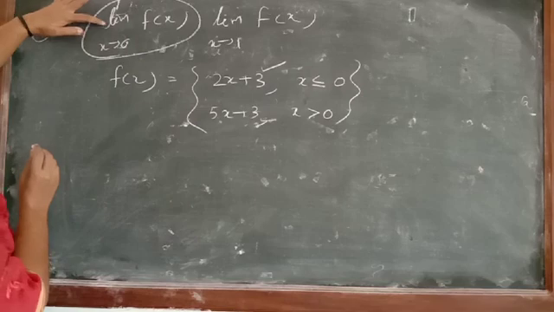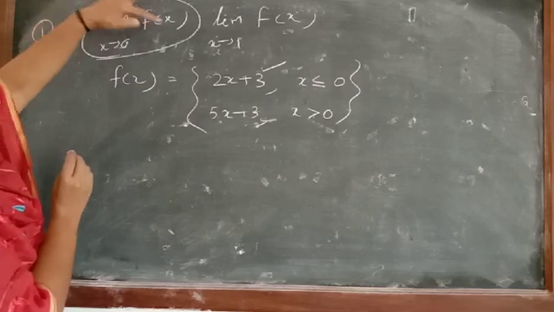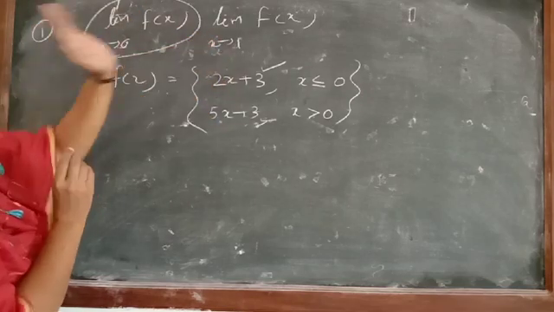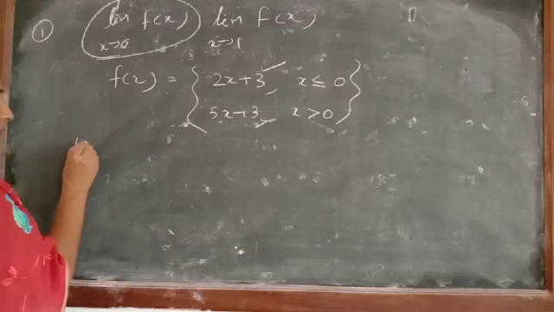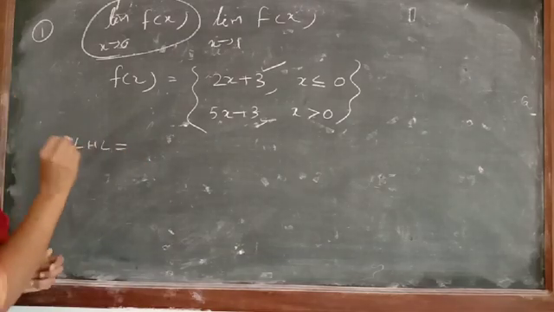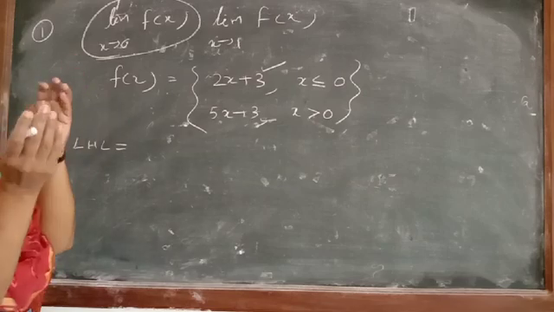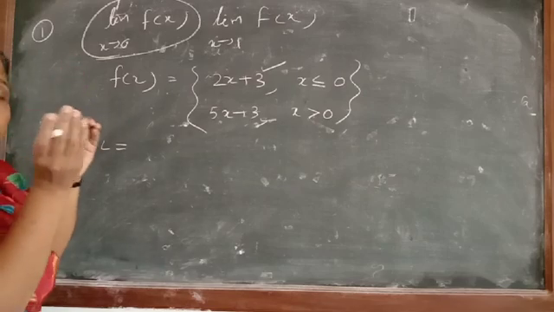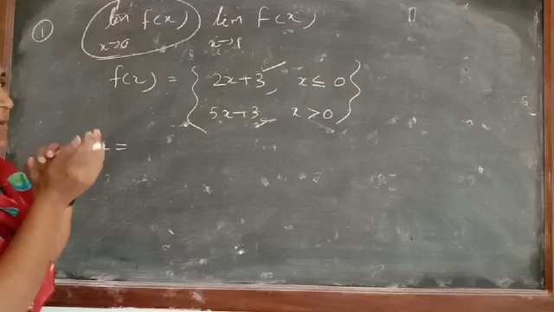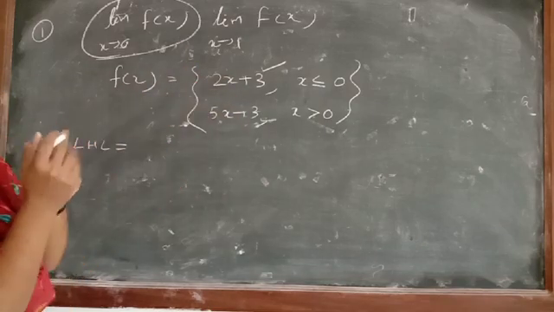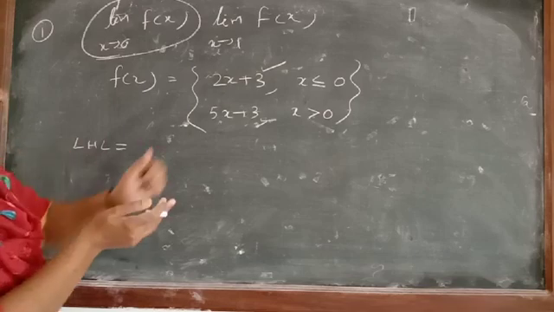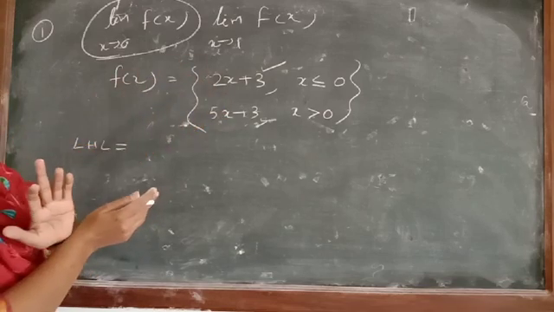So when we calculate the limit at x equal to 0, we calculate both the left hand limit and the right hand limit. First we find the left hand limit. Left hand limit at x equal to 0 means we take values slightly less than 0. Out of these two functions, which will we take? Obviously the function 2x plus 3.